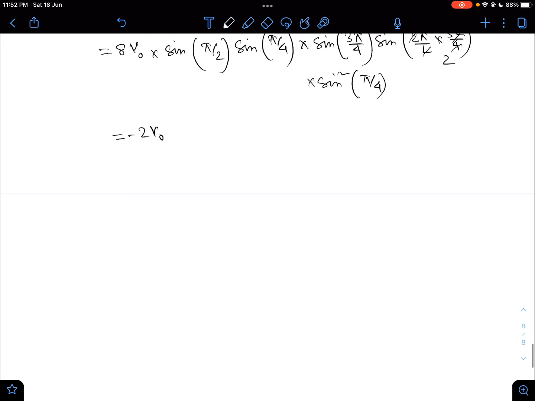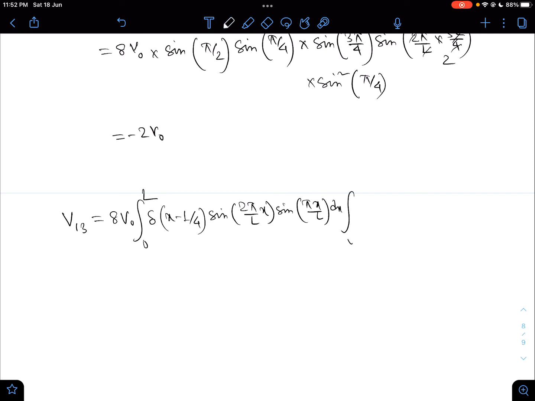In the similar manner, let us calculate just one more term, V13. It will be 8V0, integral 0 to L, delta(x minus L/4) sine 2 pi x by L sine pi x by L dx. Then for the y limit, from 0 to L, it will be delta(y minus 3L/4) and sine square pi y by L dy.